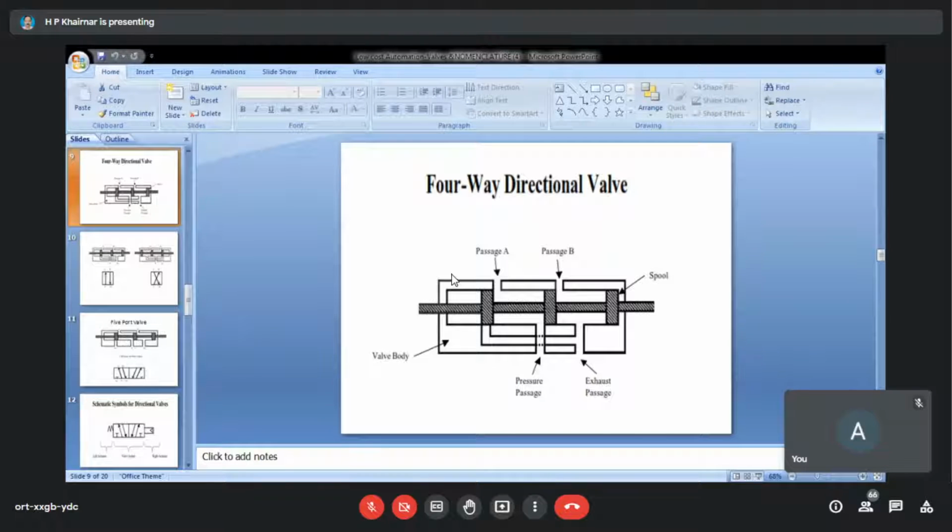Can you try to draw the symbol for this four-way directional controller? Right now you are seeing a cross-sectional view of this four-way directional valve. I will give you one or two minutes. You can try to draw the symbol by observing the constructional position.